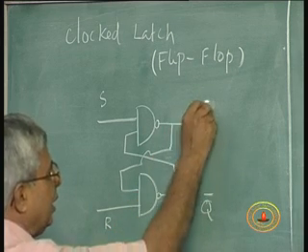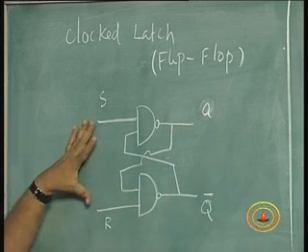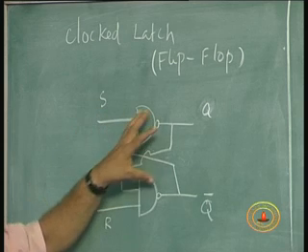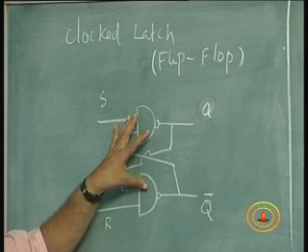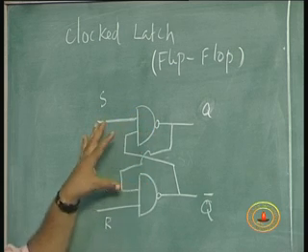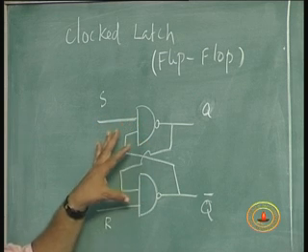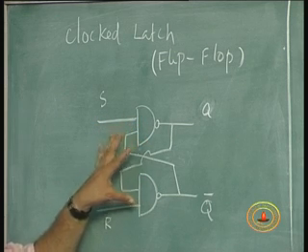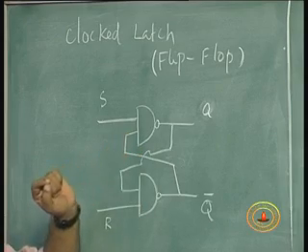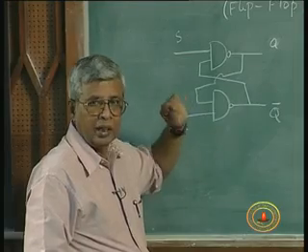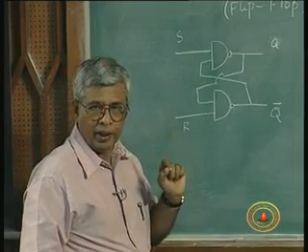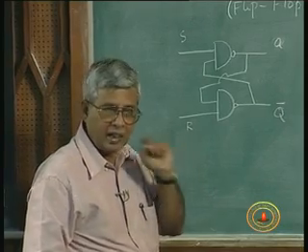The point here is, I do not want any change in the S and R to affect this storage mechanism. There is a bit stored here, a 0 or a 1. When you remove the input, the bit remains stored, but that I want to be effective by a control mechanism I want to incorporate. That control mechanism is a gating signal.